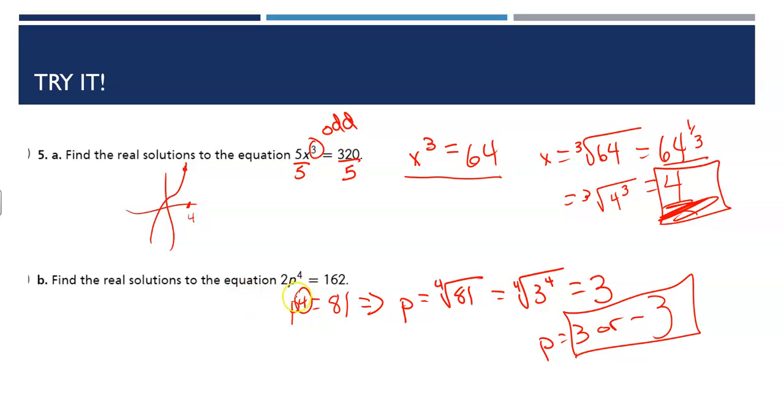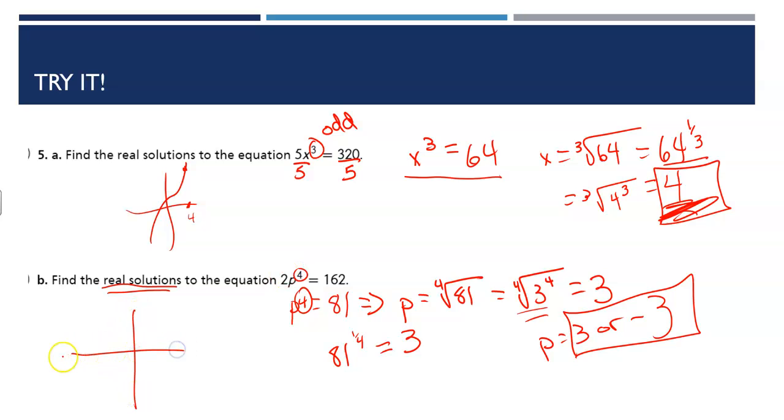Now, when I look at this one, I simplified it and divided by 2. I got p to the 4th equals 81. So that would be like 81 to the 1/4. You could put that in your calculator just like that. Or you could do what I did here. Now, your calculator is just going to give you the 3. But it's asking for the real solutions. And this is an even power.